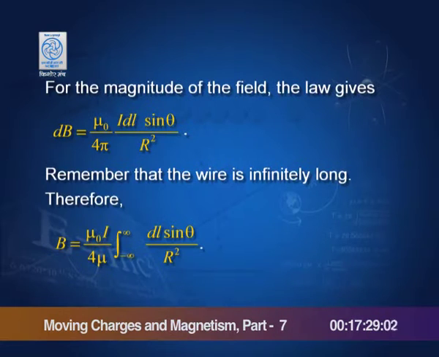Because of symmetry, instead of taking limits from minus infinity to infinity, I can take from 0 to infinity and multiply the result by 2. So, B is therefore given by 2 mu 0 I by 4 pi integral from 0 to infinity dl sin theta by R squared.